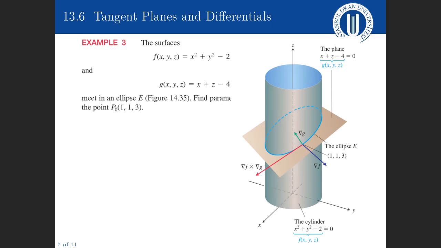We have this cylinder, x squared plus y squared minus 2 is equal to 0, and we have this plane, x plus z minus 4 is equal to 0. And the intersection of this cylinder and this plane is an ellipse, which is drawn in light blue in this picture.